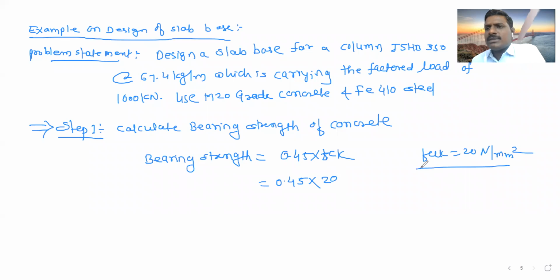What is the meaning of this? If we take the compressive strength of a cube cast for M20 grade concrete, the strength after 28 days curing will be 20 Newton per mm square.